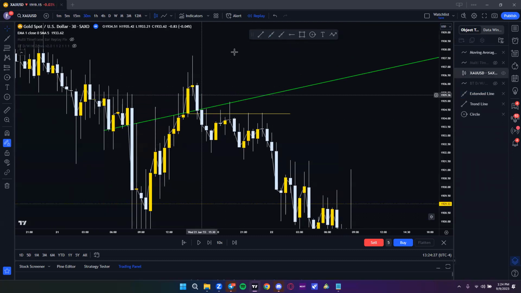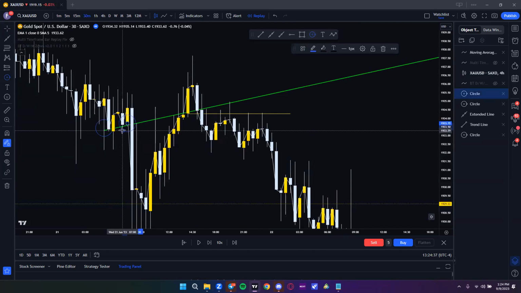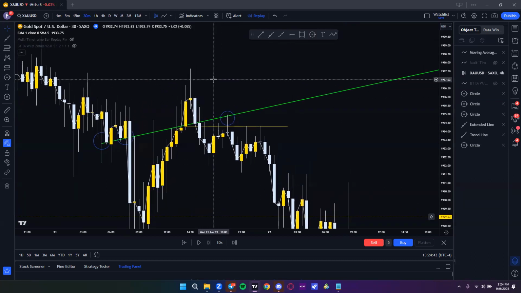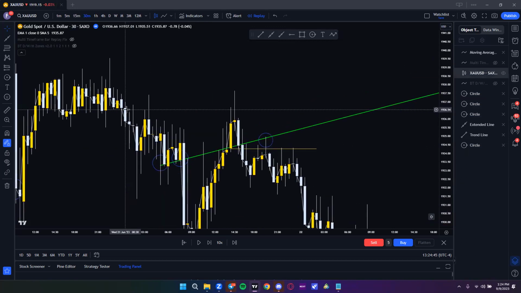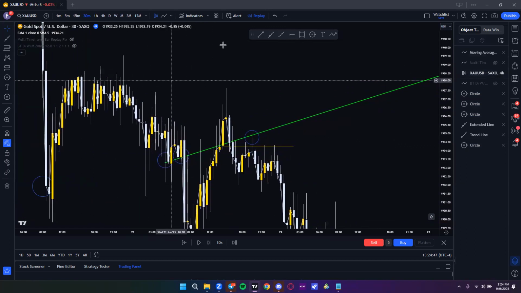So on M30, you have the breakout trend line. So it's support, break, and then resistance. And then I think there's a crossing trend line here.